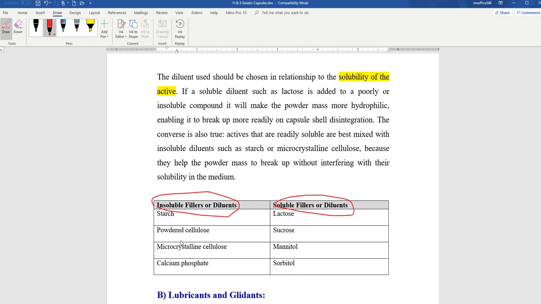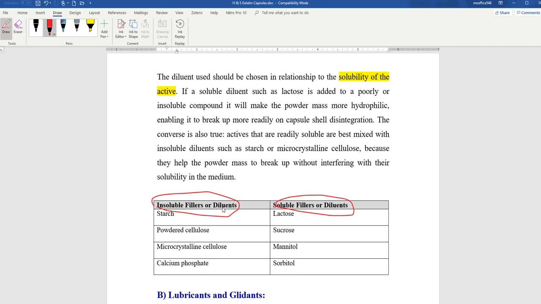The problem is with dissolving. So why do we need an insoluble filler in this case? If the filler is soluble, then it will compete with the soluble drug. The drug is soluble and the filler is soluble, so both of them will start competing for water molecules to dissolve. Both want to dissolve in water.